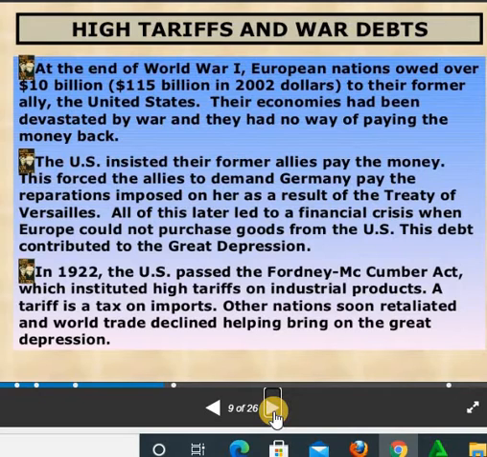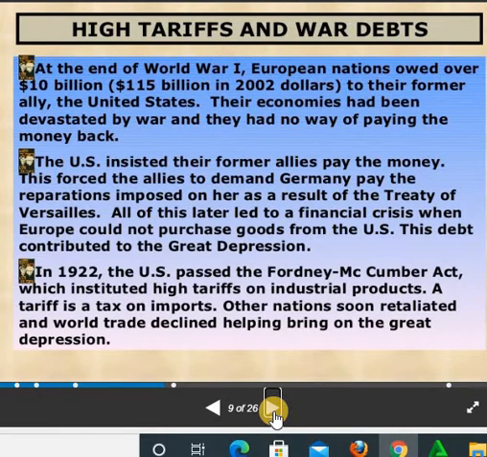So they decided to trade with America, whereby they would export goods from Europe to America so that they would at least get money to pay back America. However, this was difficult because of the Fordney-McCumber Act, which was introduced in 1922, which passed high tariffs on all products trying to enter America from other countries.